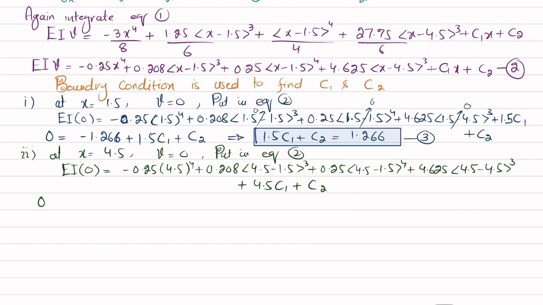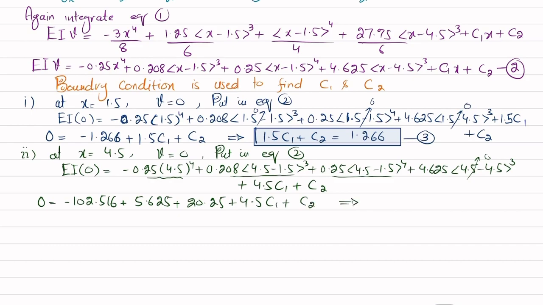So 0 is equal to minus 102.516, which is this value, plus 5.625, which when you calculate will be this value, and this value will be plus 20.25, and this will be 0, plus 4.5 C1 plus C2.